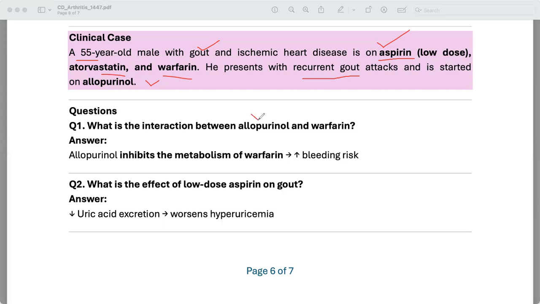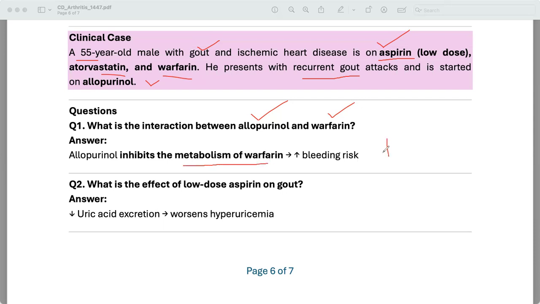Allopurinol is important for chronic gout, and warfarin is the blood thinner we need to give to avoid heart attacks and stroke in the patient with IHD. The drug-drug interaction is that allopurinol inhibits the metabolism of warfarin.